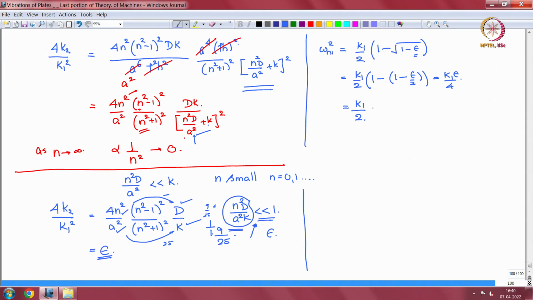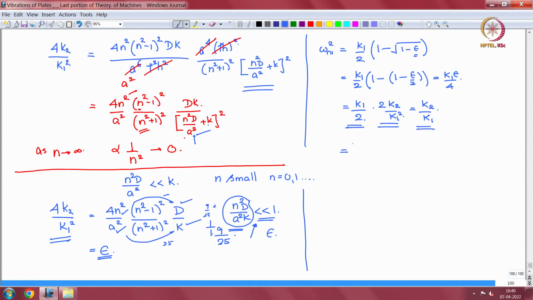This is epsilon, so epsilon by 2 is 2k2 by k1 square. So 2k2 by k1 square into k1 by 2, that is k2 by k1.